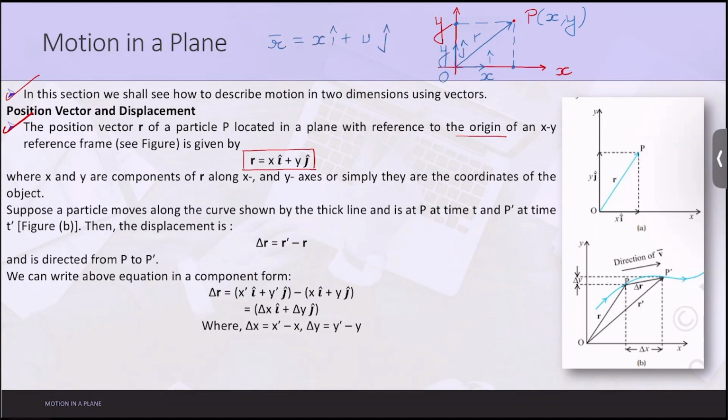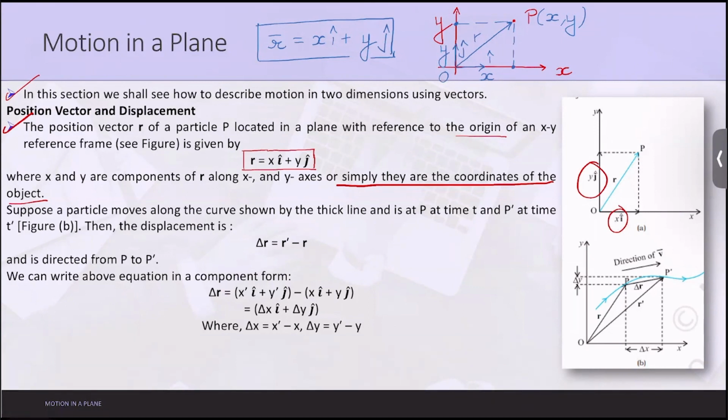These values are nothing but x and y. That is how we can write the position vector, which is nothing but equal to x i cap plus y j cap. Where x and y are just the components of r along the x and y axis, or simply they are the coordinates of the object. Fine. So that being said, let us move on.